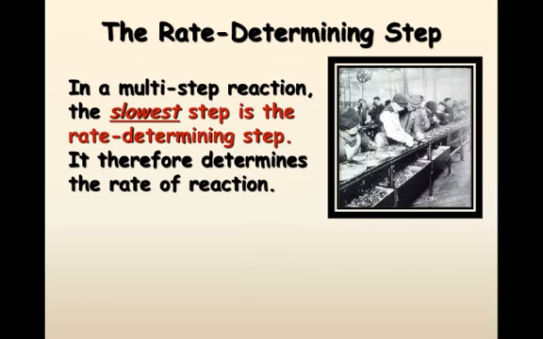If you were to look at a mechanism and see the multiple steps, they're usually described as a slow step or a fast step. The slowest step determines the rate of the reaction. No reaction can be faster than its slowest step.